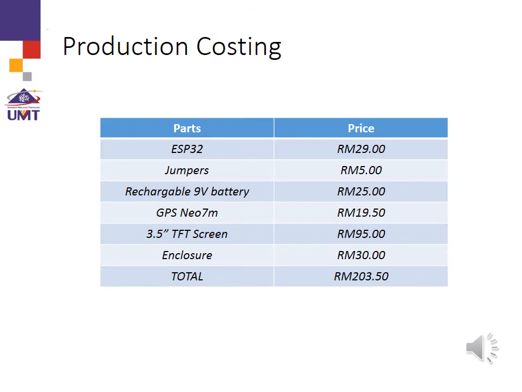As for production costing, as we can see in this table, the cost of construction of DCTRAD is 203 ringgit 50 cents in total, which is much lower compared to the devices we have in the market.